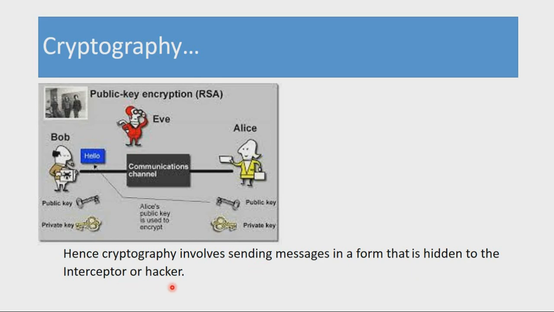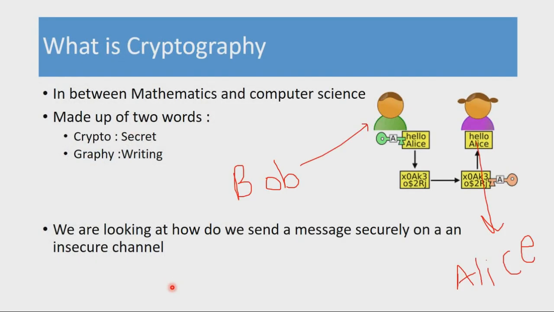What we mean by that is, since the message has been changed, even if Eve comes in to try to intercept the message, what they get is X0AK3. This message is meaningless to them, so they cannot gain access to your information. They can't change your information as long as your crypto system is secure. So these are the three names. We've added one new name. When I say Eve, what we simply mean is a third party interceptor.